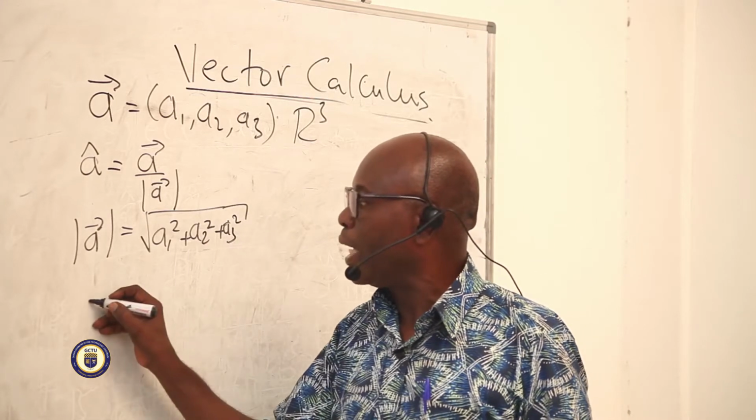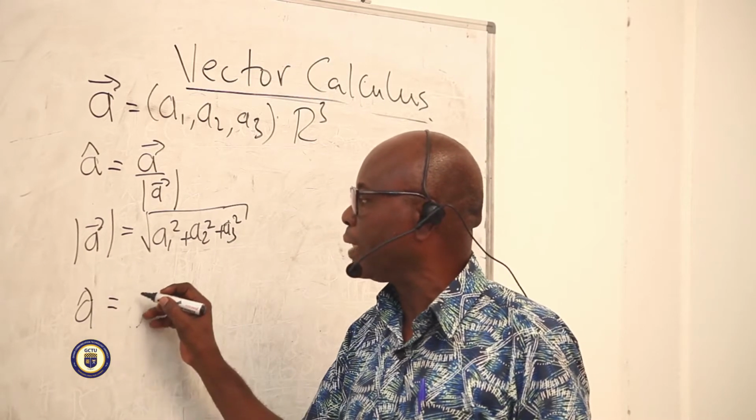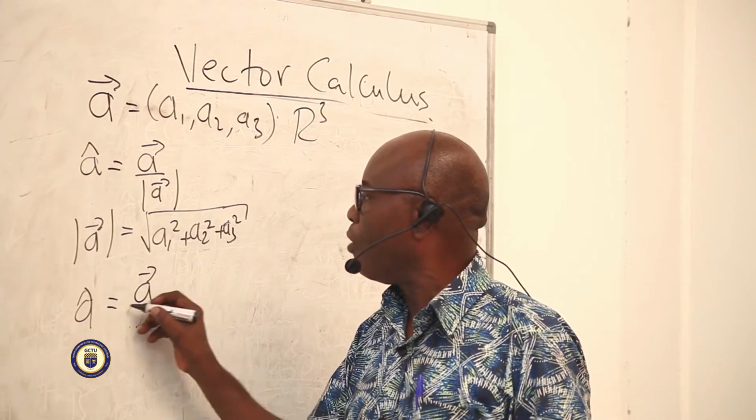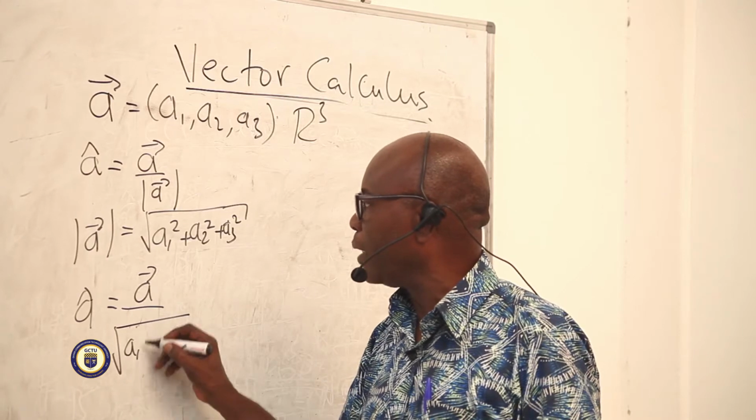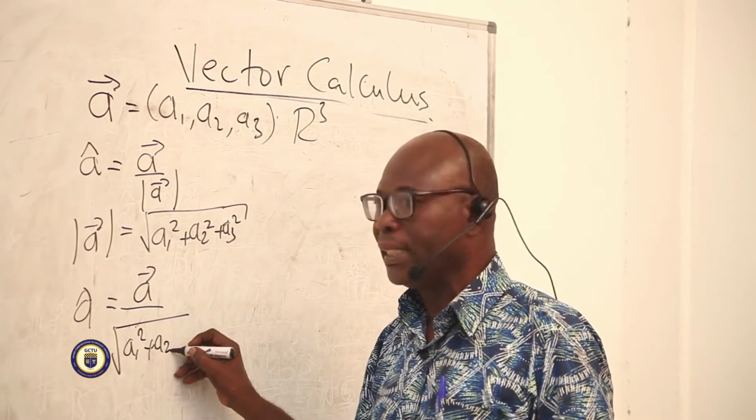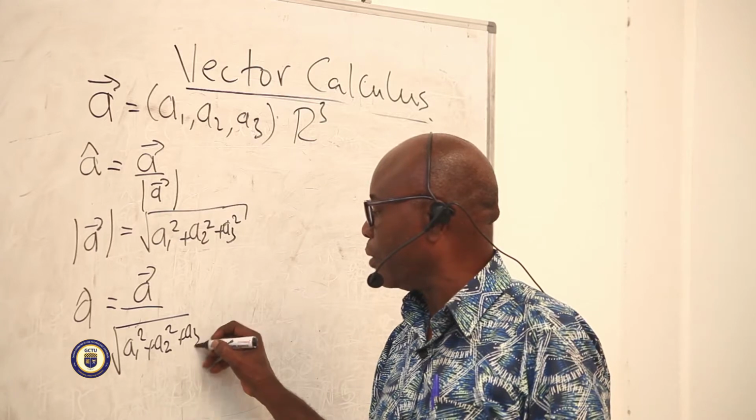So our unit vector is the vector A over the magnitude, which is the square root of A1 squared plus A2 squared plus A3 squared.